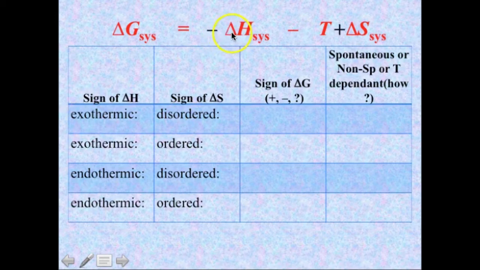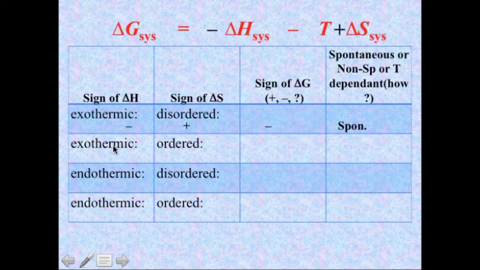The sign of the enthalpy change is going to be negative in an exothermic change, and the change in entropy is going to become positive if the system becomes more disordered. So both the enthalpy term is negative and the temperature times the change in entropy term is negative. So delta G is always going to be negative in this scenario, and therefore it's going to be a spontaneous change, because when the free energy is negative, it's a spontaneous change.